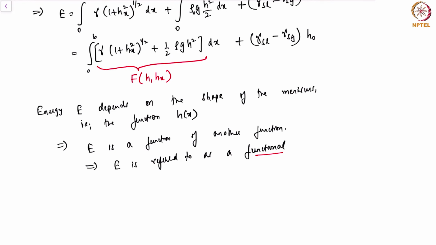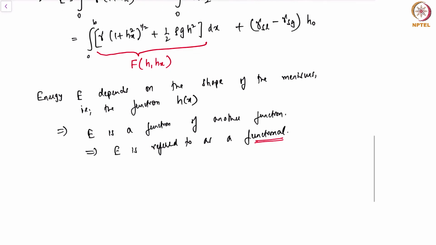This is a new term in our vocabulary. So basically E is operating on capital F, where capital F is a function of h and hx. So this quantity E is not a simple function, it's a function of a function, and we call it a functional.